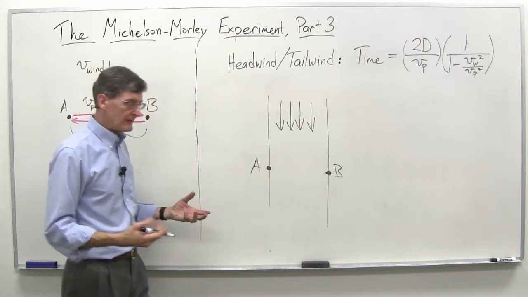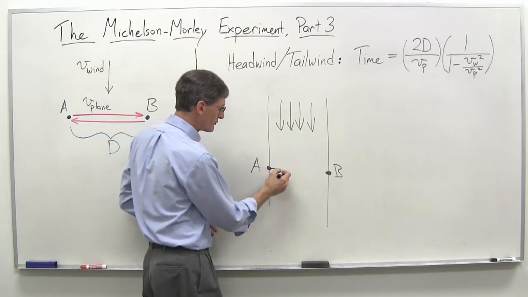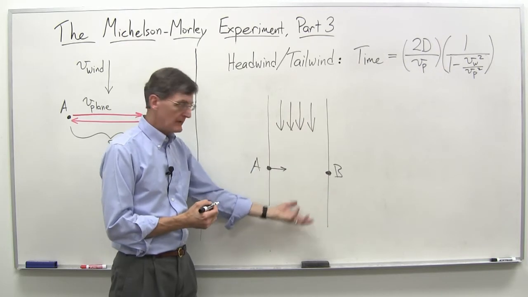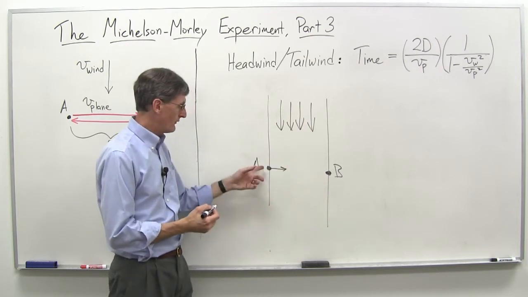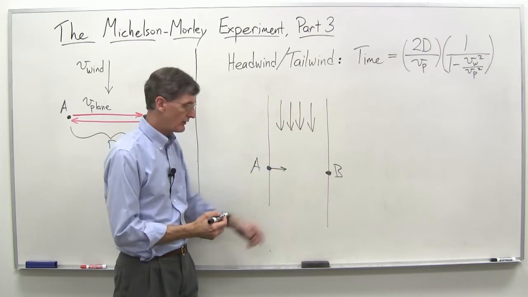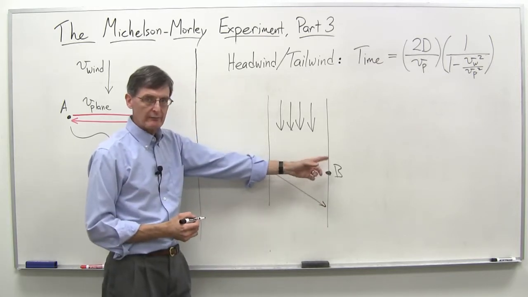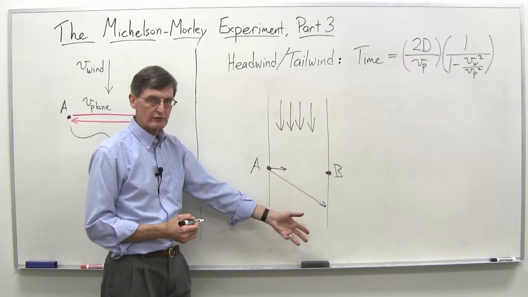Well, we know that if I were to swim straight like that, the current of the water is going to push me downstream. So if I try to travel straight across, I'm actually going to end up going like that, and I will not end up at point B. I'll end up someplace downstream.